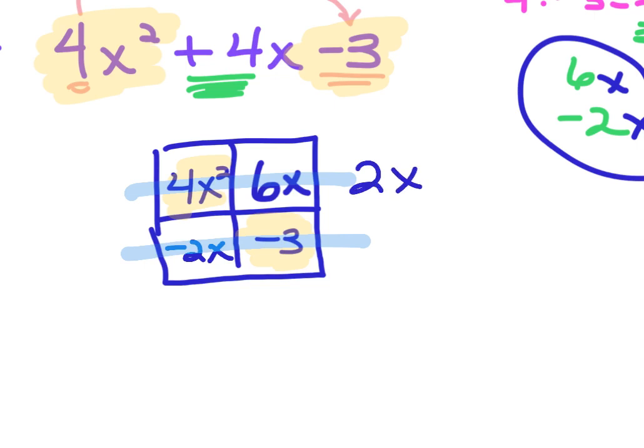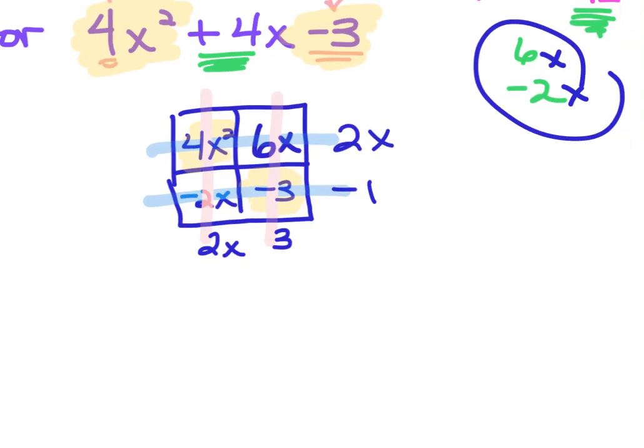And remember that when you're leading, or your first number that you're taking the GCF is negative, your answer is going to be negative. Nothing else goes into 2x and 3, so it's just going to be -1. And then I'm going to do 2 vertical GCFs. In this case, the GCF of 4x squared and -2x is 2x, and the GCF of 6x and -3 is going to be just 3.